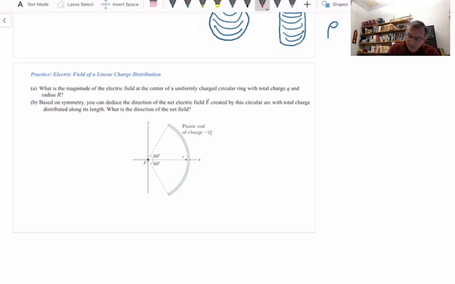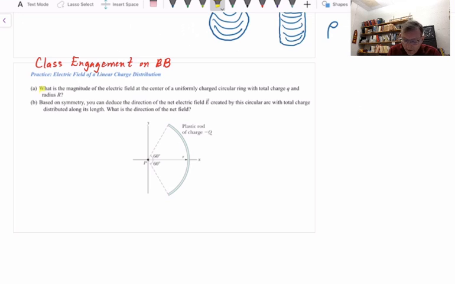Okay, last thing for today, for now, is a class engagement question on Blackboard. And it's going to deal with a linear charge distribution, charge spread out over a portion of a ring, of a complete ring. It's still ring shape, it's just not a complete ring. So the question A for this picture.